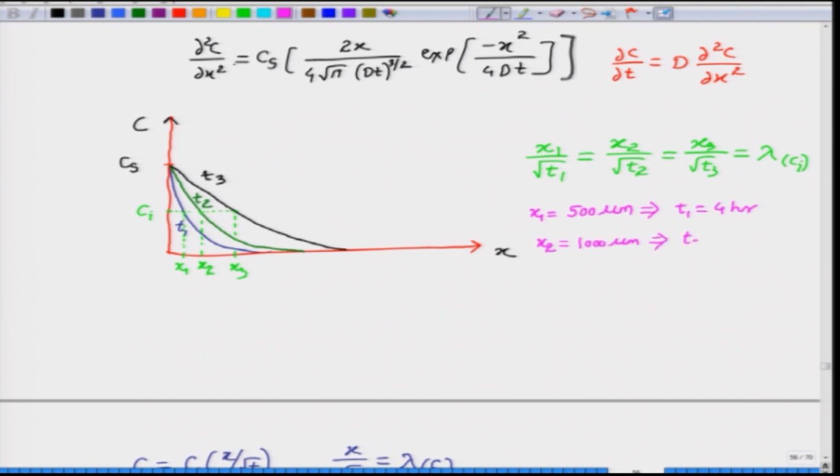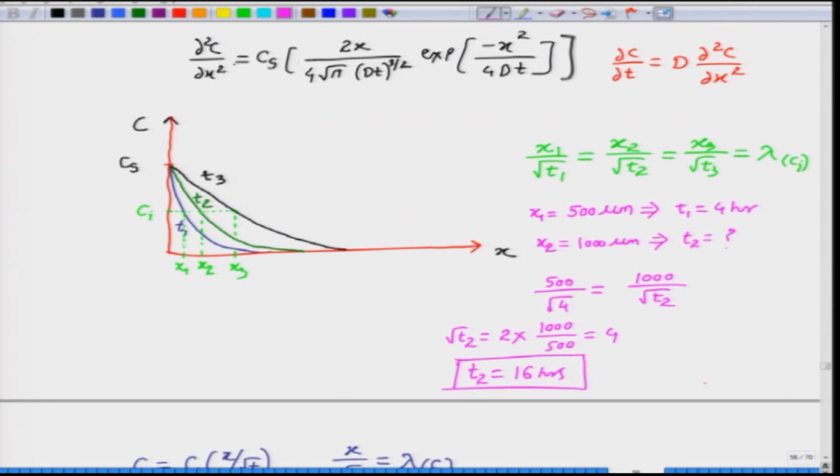So, what should be the heat treatment time? If we substitute here, 500 by root 4 is equal to 1000 by root t2. So, root t2 is equal to 2 times 1000 by 500, which is 4. So, t2 is 16 hours.